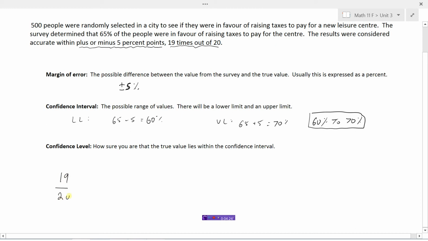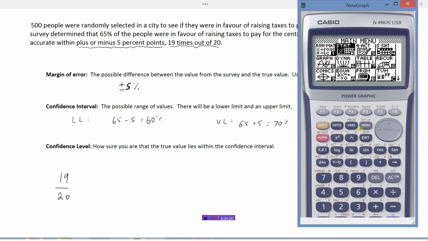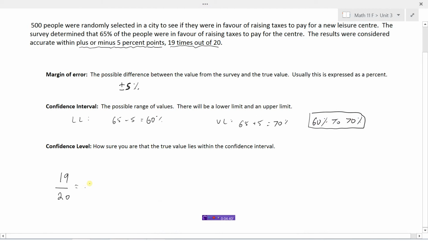If we actually divide that, 19 divided by 20 is 0.95, or 95%. So the confidence level is 95%.